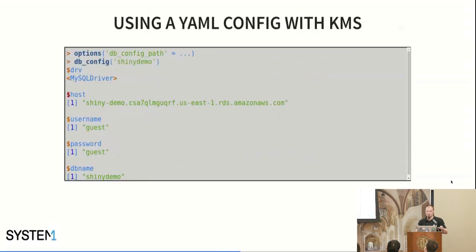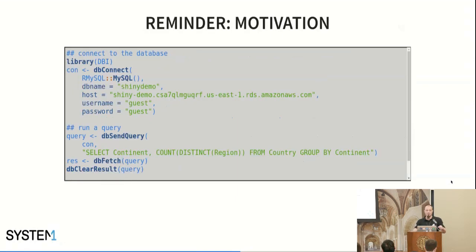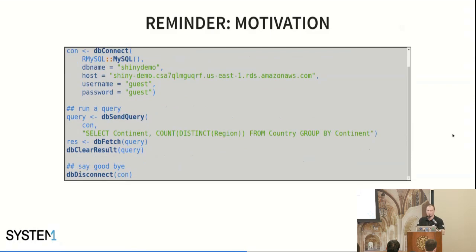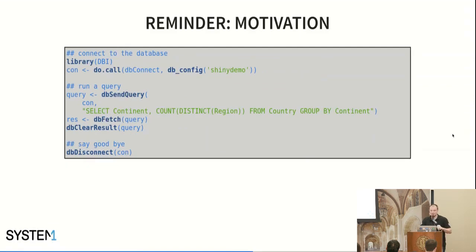Here you define that this should be decrypted with KMS, and this function will take care of that. So when you call dbconfig on this shiny demo YAML list, this is what you get. Now you have the username and the password both decrypted because the machine that I used here had access to KMS.